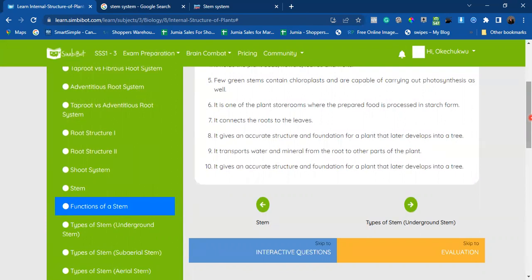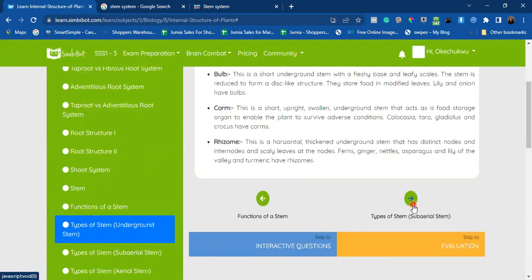It helps in transport of materials, supports gaseous exchange, helps in reproduction, and also is very useful in photosynthesis. The reason why it is very helpful in photosynthesis is because of the leaves.